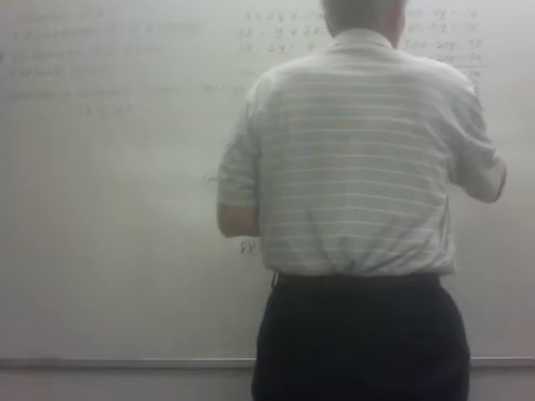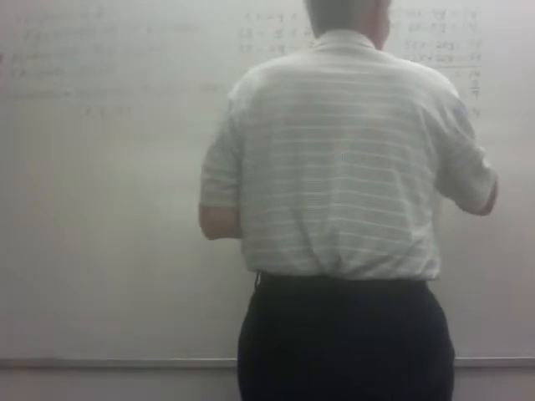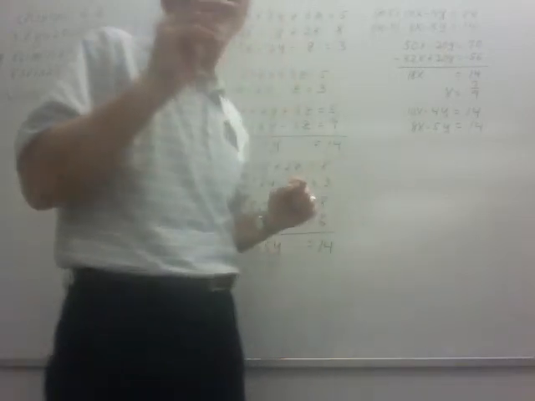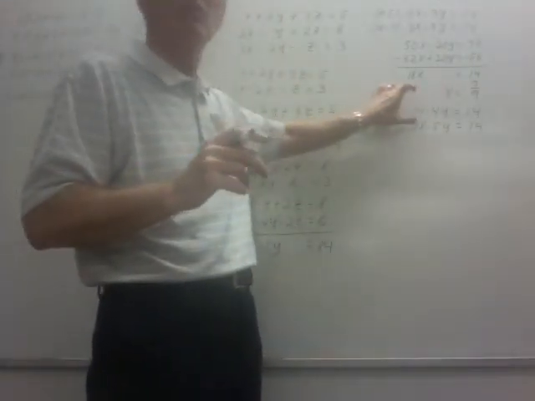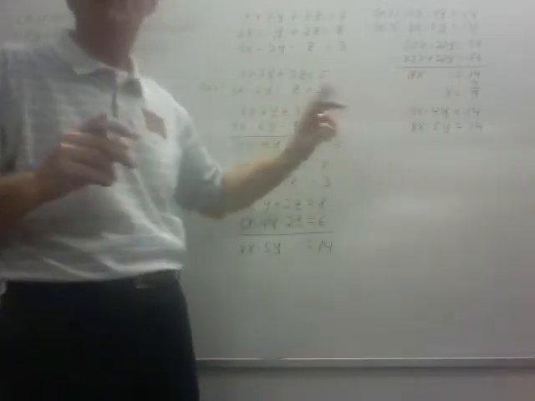So I've got 10x minus 4y is equal to 14. I've got 8x minus 5y is equal to 14. Now, instead of eliminating the y's to solve for x, I'm going to get rid of the x's and solve for y. I've got a positive 10 and a positive 8.